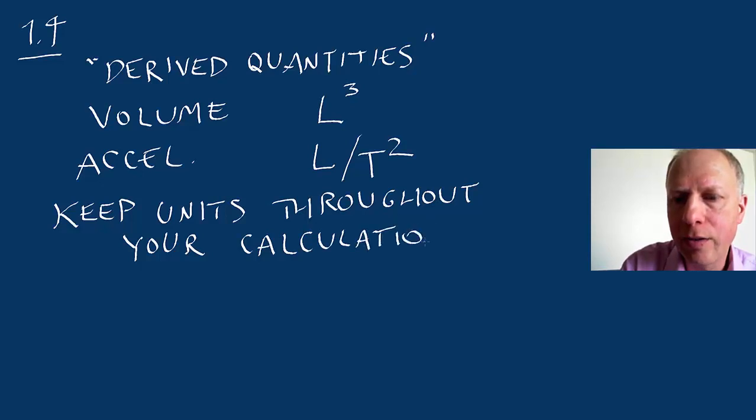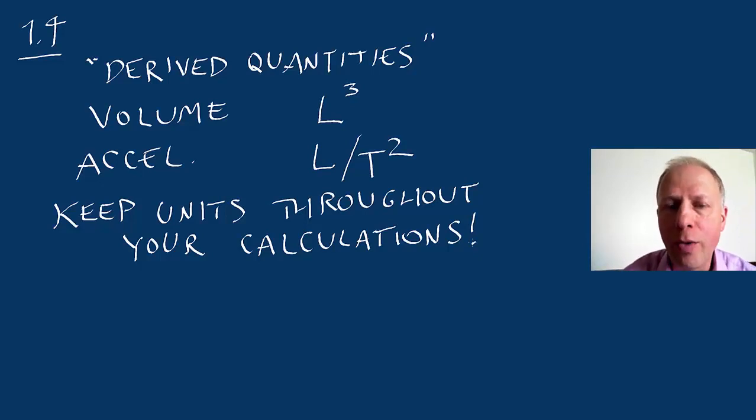A bad attitude about units is, I know what the units are going to come out to be at the end, so I'll just throw in the numbers without units, do the calculation, and at the end I tack on the appropriate unit. Yes, that's possible if you never make mistakes.